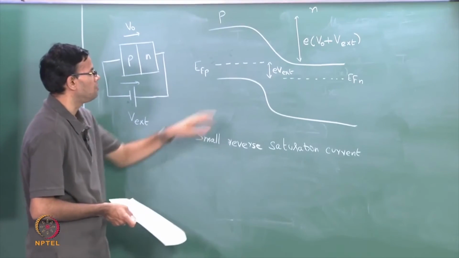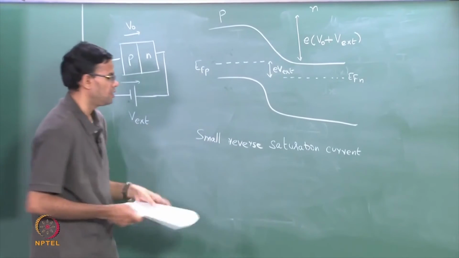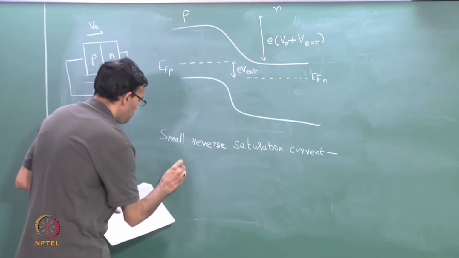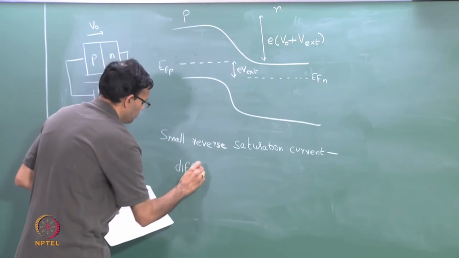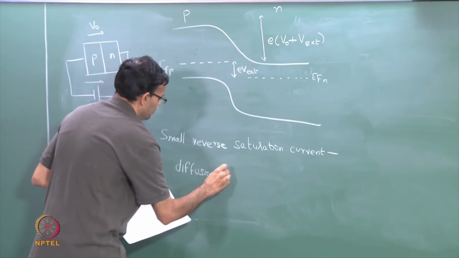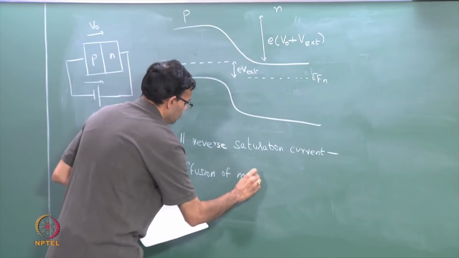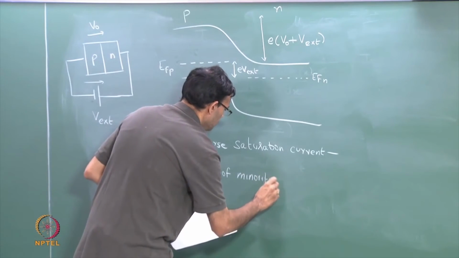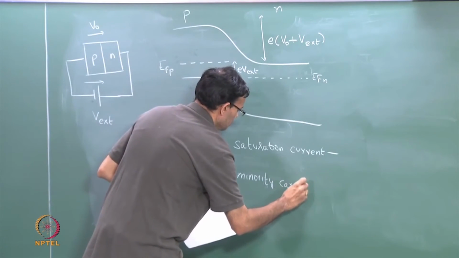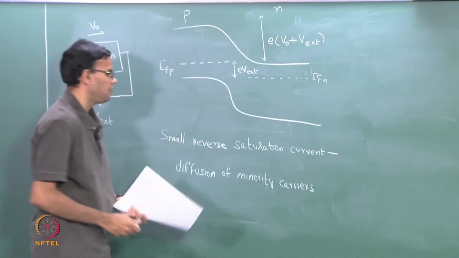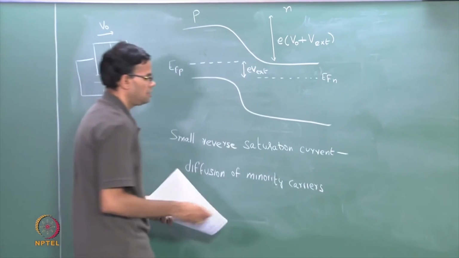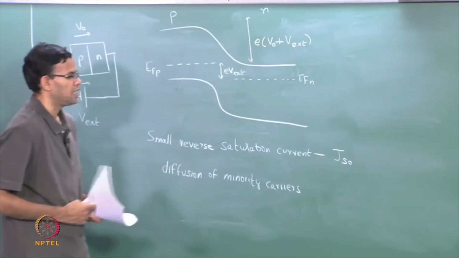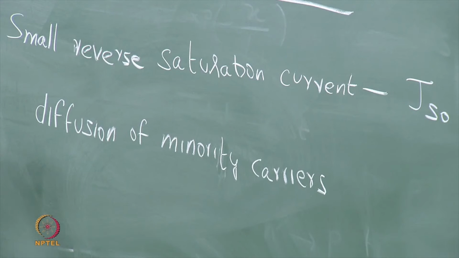Similarly, electrons on the P side will diffuse onto the N side. So there is a small current that is due to the diffusion of minority carriers. And the value of the reverse saturation current is nothing but the Js naught. So this is the reverse saturation current that we just derived.